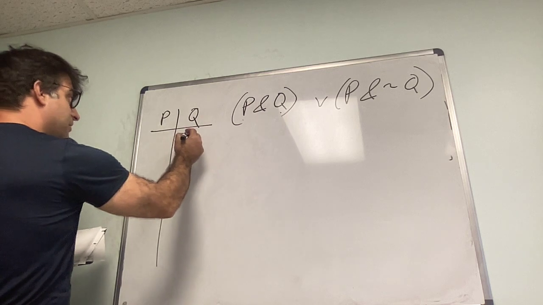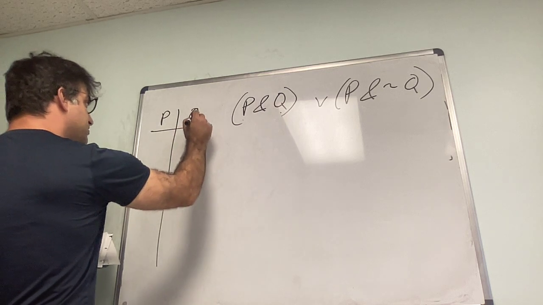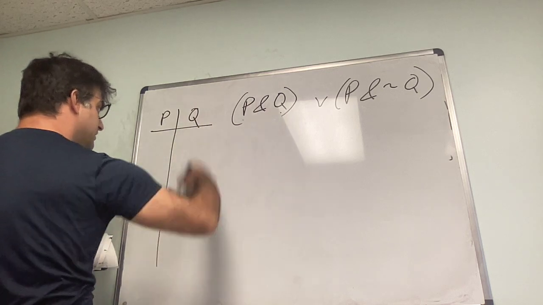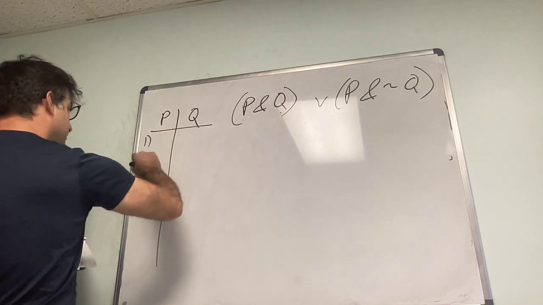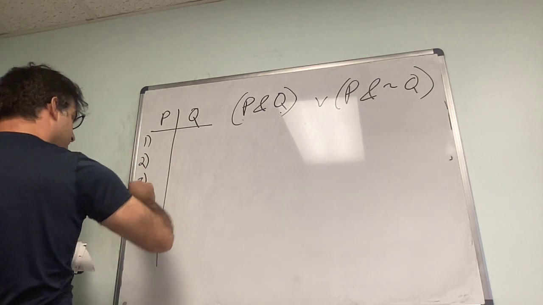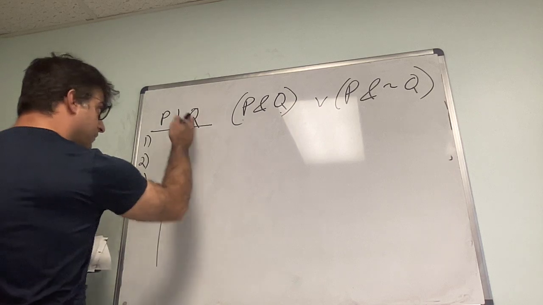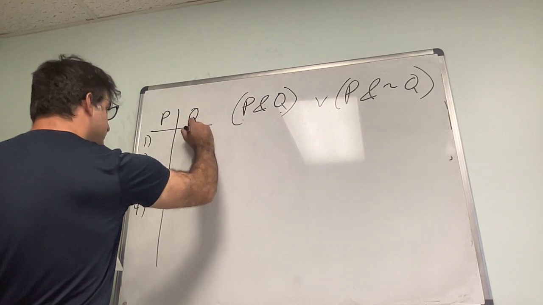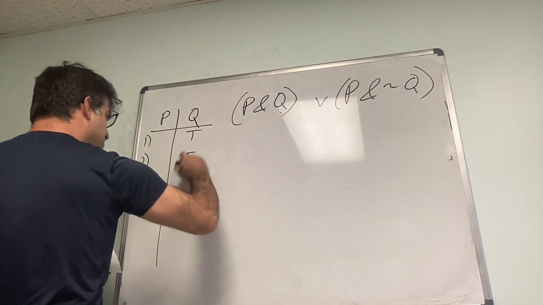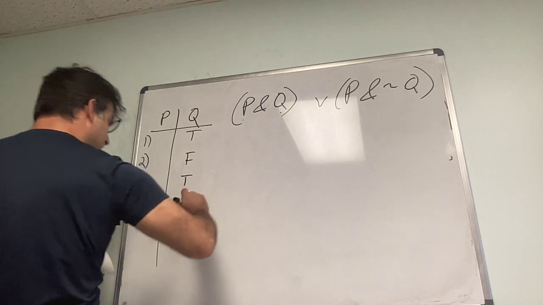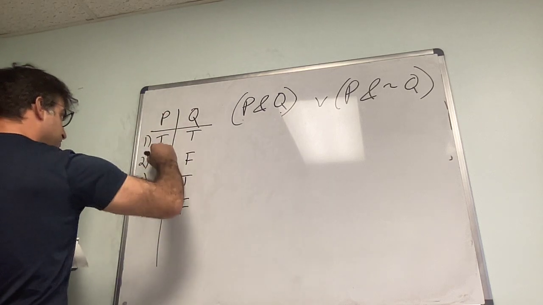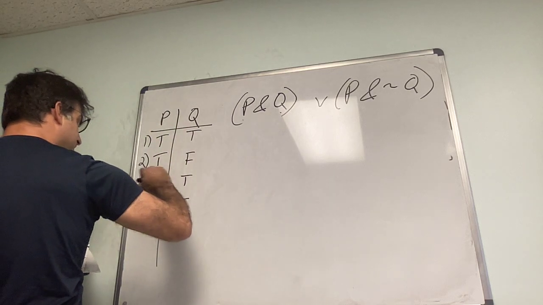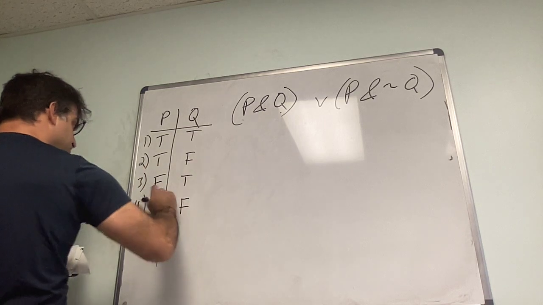Your method here is to alternate truth values in these rows for Q, the right-hand column. So we go true, false, and then we go 2 and 2 in the left-hand column. True, true, false, false.